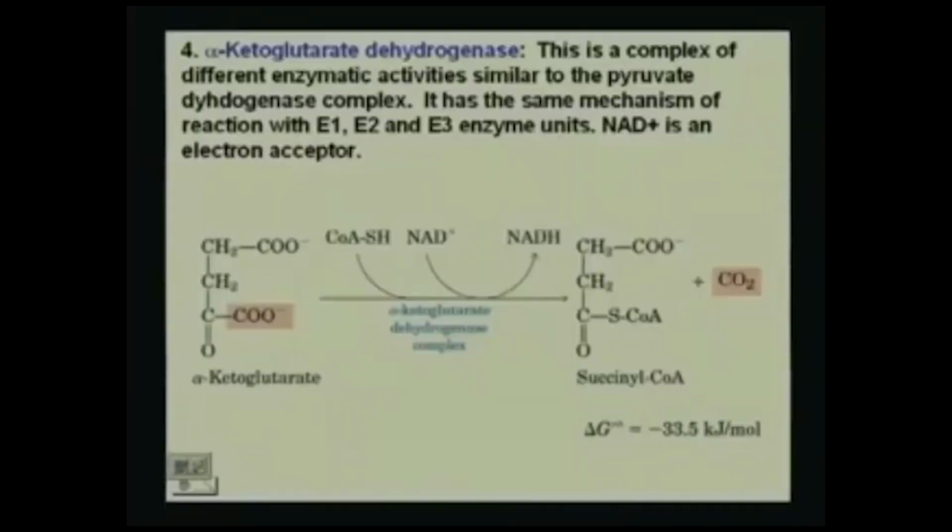Okay. It's not as difficult or as complicated as it seems. It's pretty simple actually, if you just follow the steps round the cycle. So what we have here is alpha ketoglutarate going to succinyl coenzyme A. Okay, these are just cycles. This has fewer steps than the glycolysis cycle. Okay, 8 compared to 10.